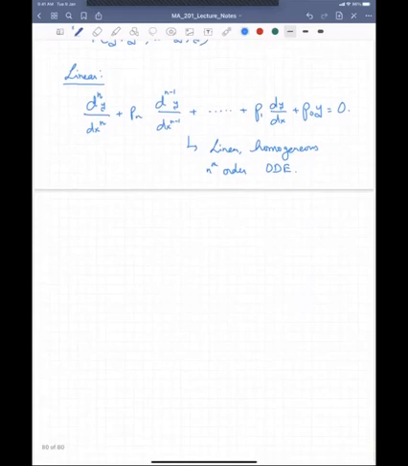So the first thing is, if I want to solve the homogeneous equation, superposition holds.